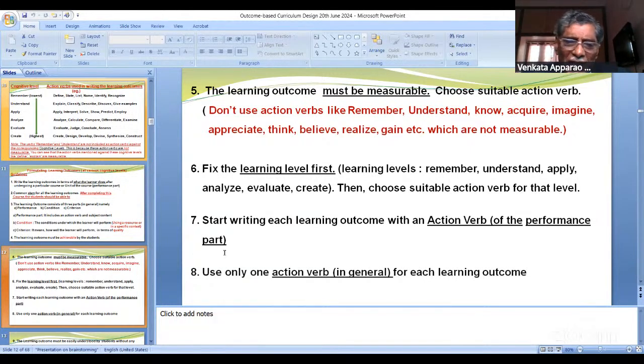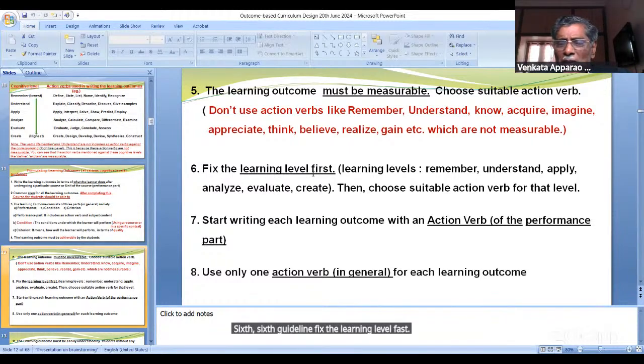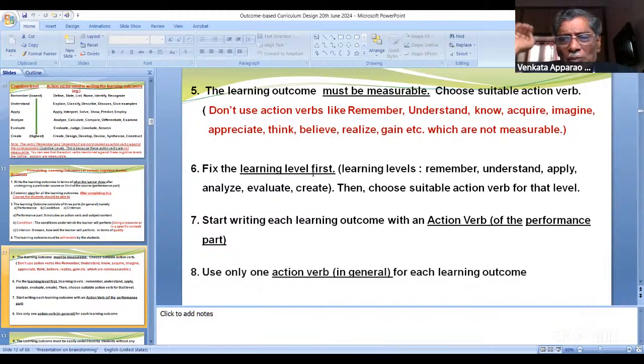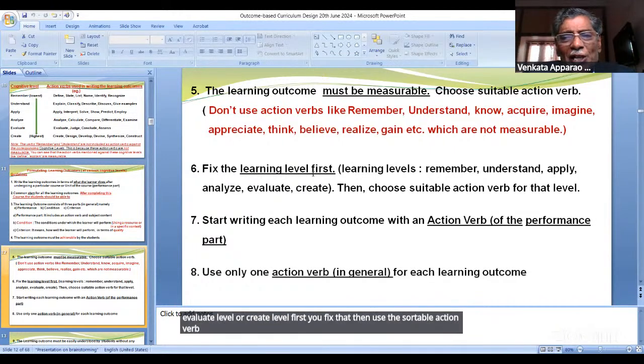Sixth guideline, fix the learning level first, whether remember level, understand level, or apply level, analyze level, or evaluate level, or create level. First, you fix that. Then use the suitable action verb as per the Bloom's taxonomy list. There is no confusion.